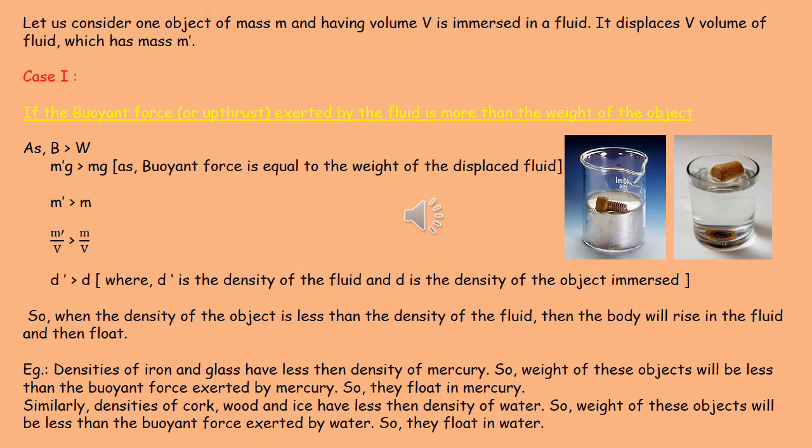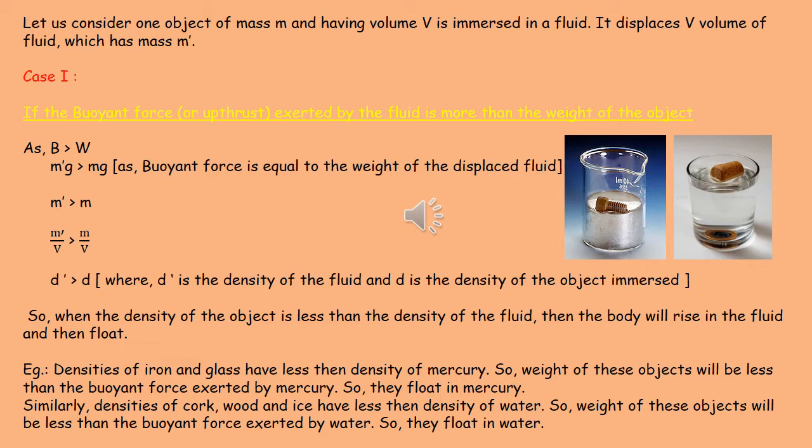That means if the density of the object is less than the density of the fluid, then the body will rise in the fluid and it will float. Let us take an example. The densities of iron and glass are less than the density of mercury. So the weight of these objects will be less than the buoyant force exerted by mercury. So they float in mercury.